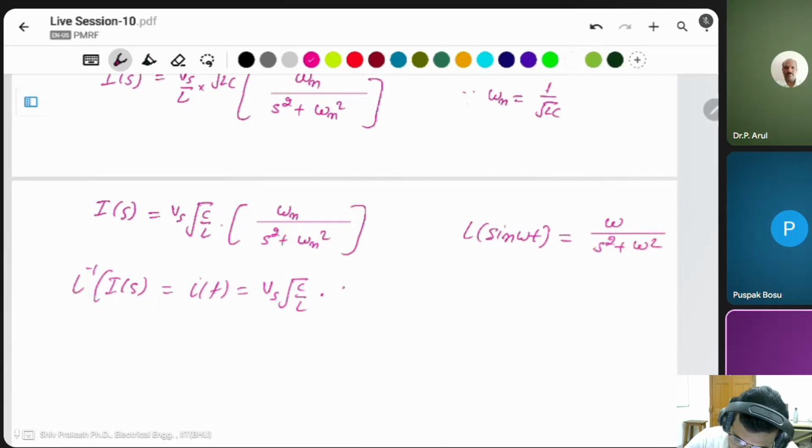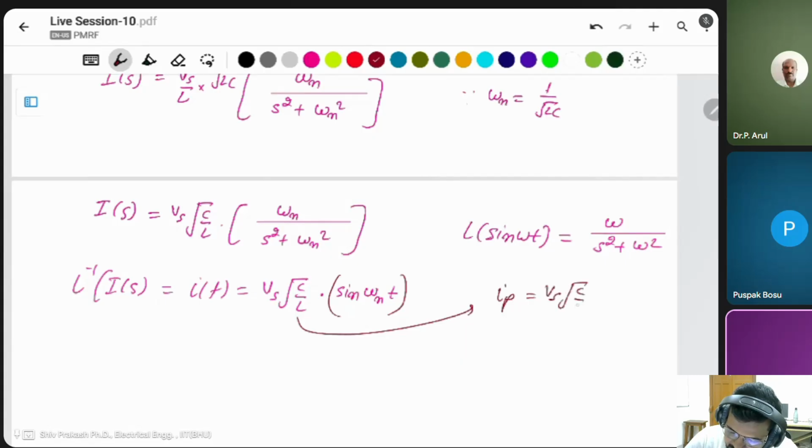Same thing here, this will be sine omega n t. If you take this as a constant IP, suppose the peak current Vs divided by root of L by C, then what is i(t)? i(t) is IP sin omega n t.